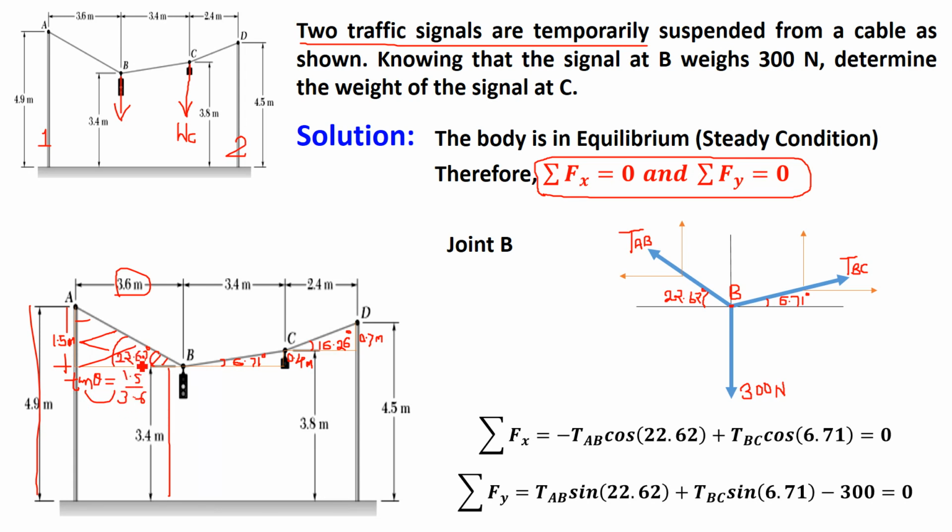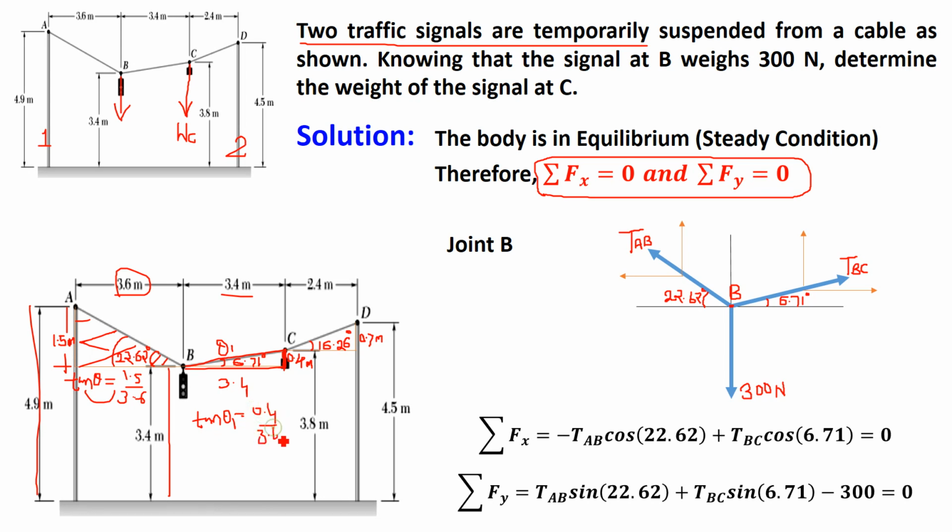Similarly, for segment BC, if you construct this triangle, the horizontal is 3.4 which is given to us, and the vertical is equal to 3.8 minus 3.4, that is 0.4. If you assume this angle theta 1, tan theta 1 is equal to front side 0.4 divided by adjacent side 3.4.